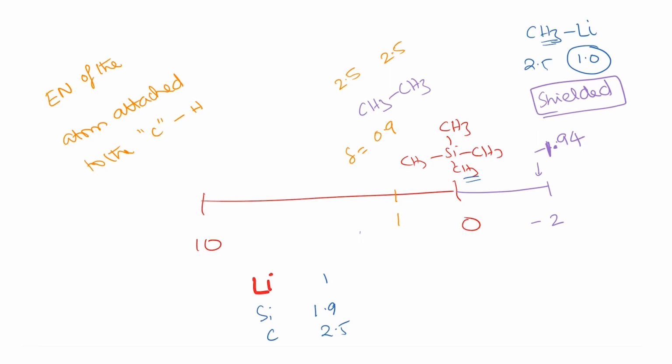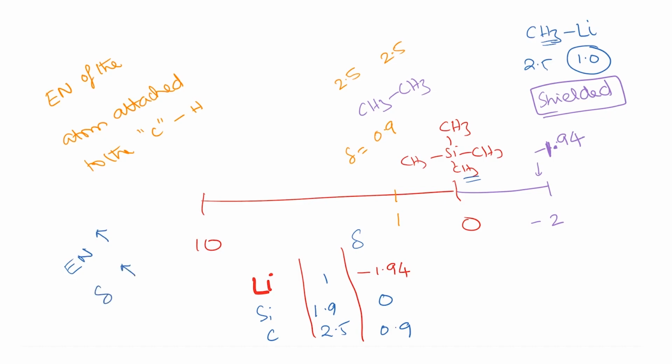And the chemical shift, delta value, here is minus 1.94. Let me just draw a line here, so that it is easy for us to see. For silicon it is 0, that is TMS, and here it is 0.9. So, this is an excellent correlation. As the electronegativity increases, the chemical shift increases; electronegativity increases, delta value goes up.